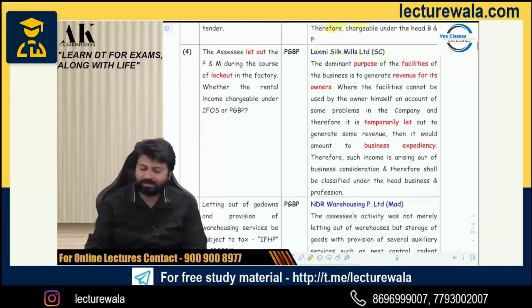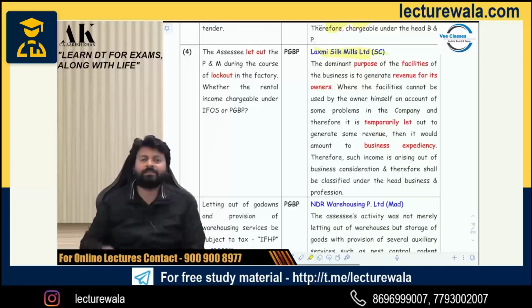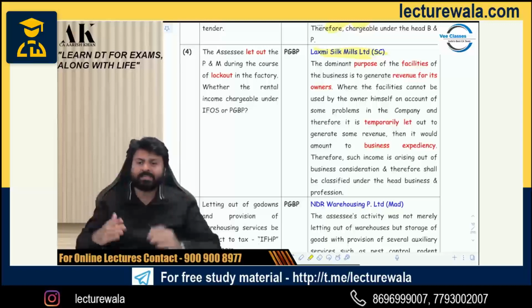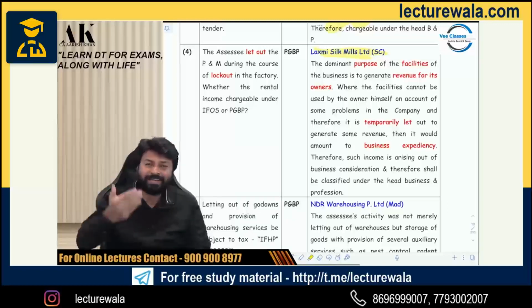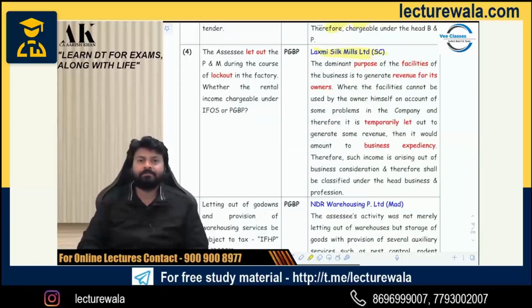See, the Supreme Court is saying in the case of Lakshmi Silk Mills Limited that the businessman has applied his business mind to earn some money out of it. It's his business intelligence, technically known as business expediency. Business expediency means business intelligence. How well you react in business.